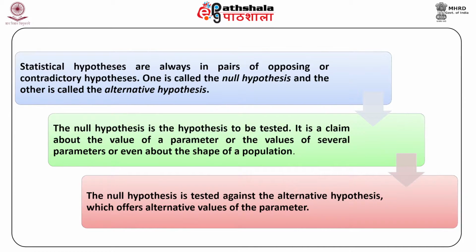It is the hypothesis of no change, no improvement or no difference. It is a claim about the value of a parameter or the values of several parameters, or even about the shape of a population. The null hypothesis is tested against the alternative hypothesis, which offers alternative values of the parameter.